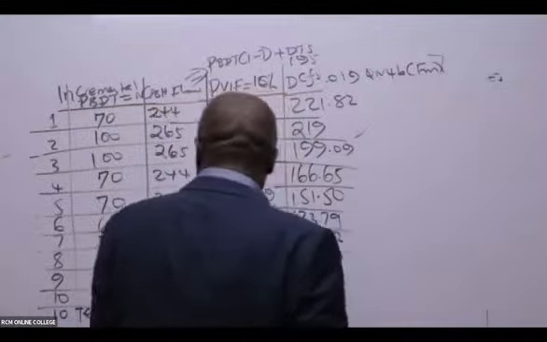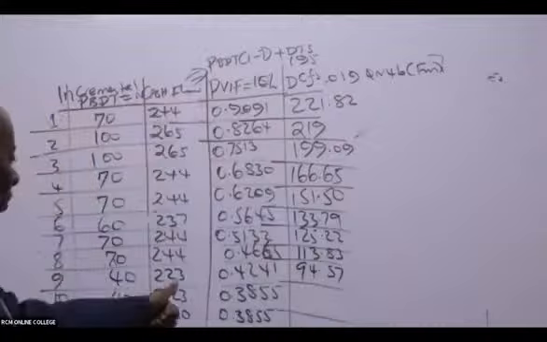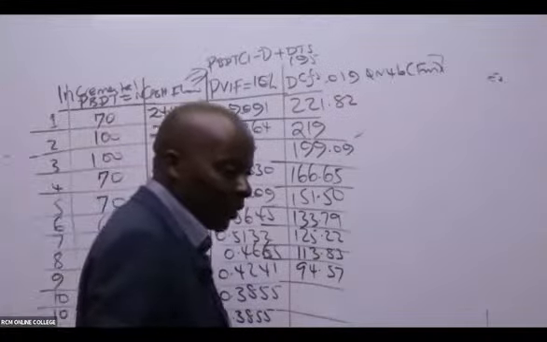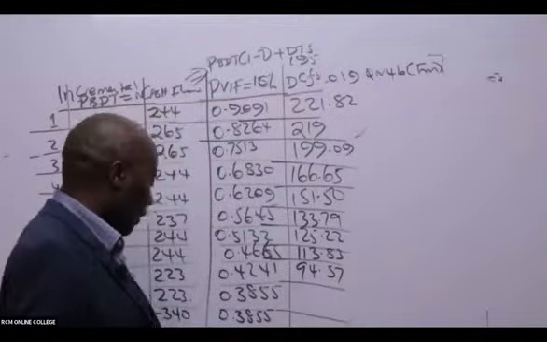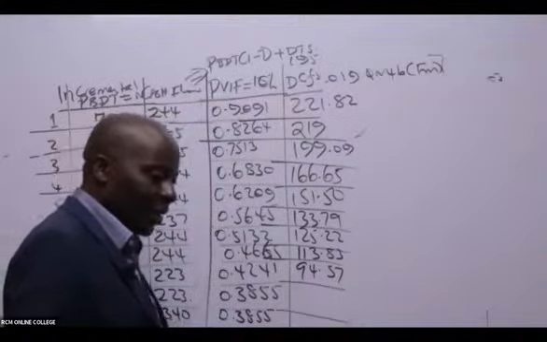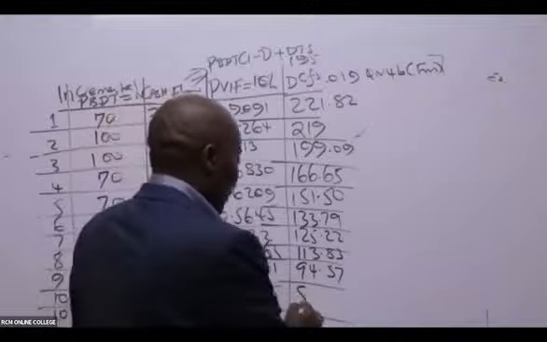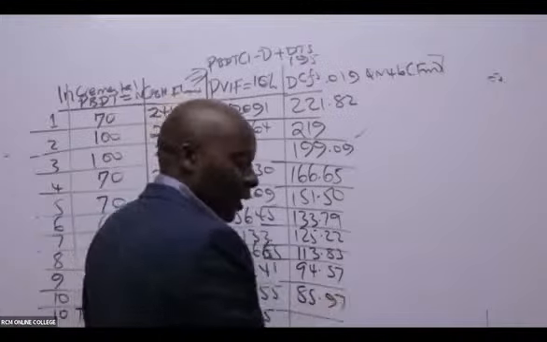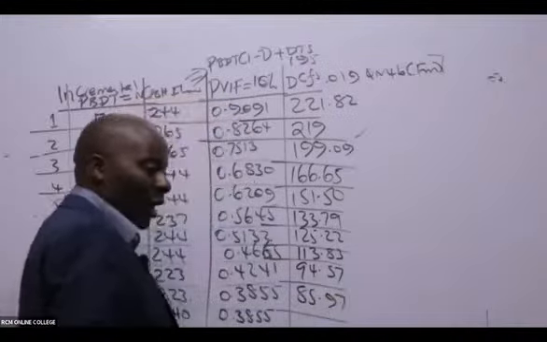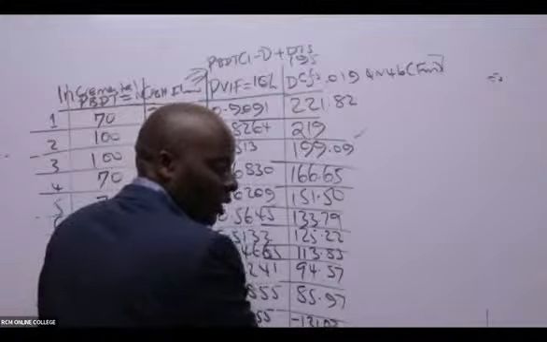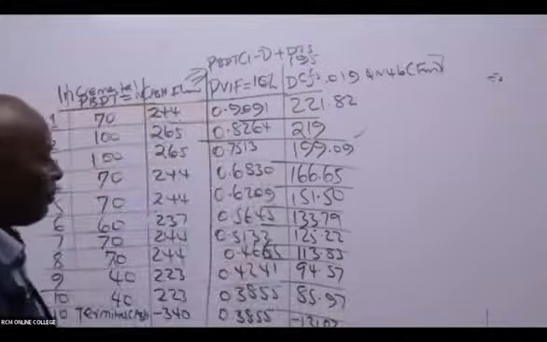Then the second last, 223 times 0.3855. Yvonne has gotten the very last one, right? 85.97. Oh, Yvonne, it wasn't correct. 131.07.